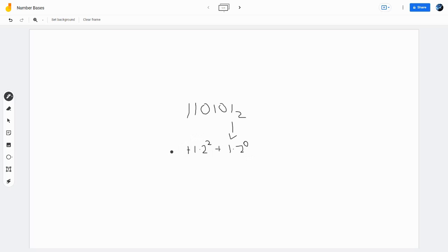And then we're going to add on 1 times 2 to the fourth, plus 1 times 2 to the fifth. So it's going to end up equaling this. Right? And if you calculate this out, add all of these together, this is going to end up equaling 53.